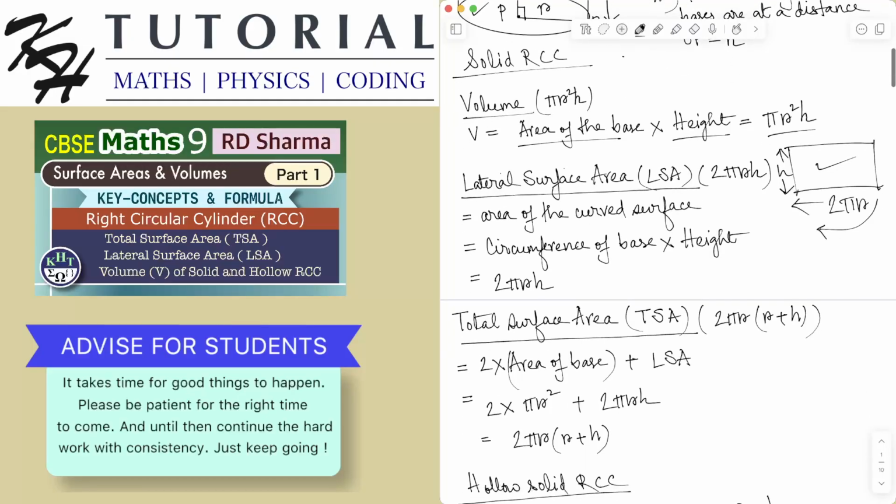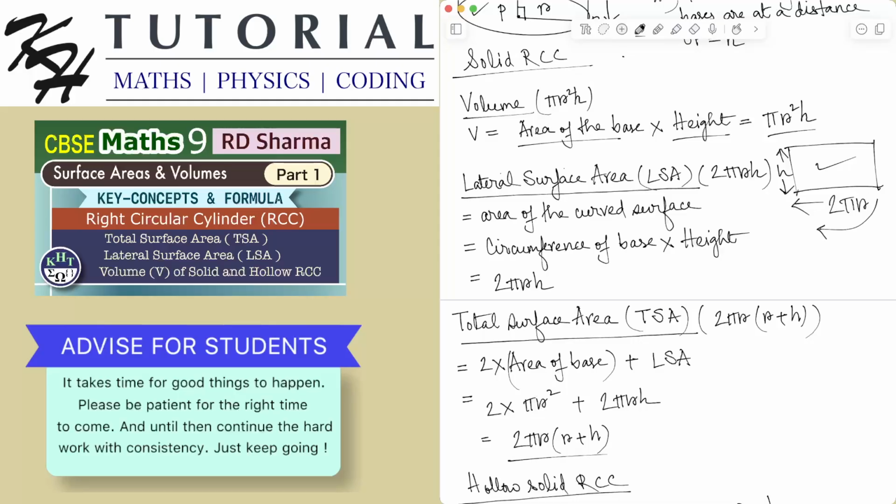So, the total surface area will be 2 into area of base plus LSA. LSA means the lateral surface area, that is the area of the curved surface. So, it is 2 into pi r square plus 2 pi r h. If you simplify it, it will be 2 pi r multiplied by r plus h.